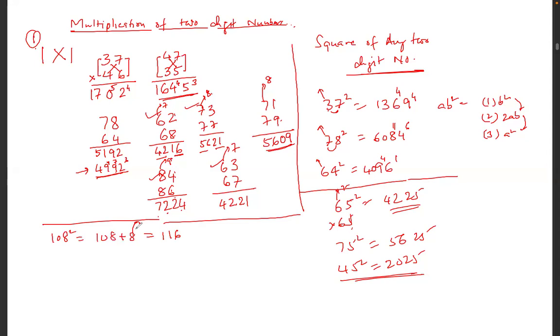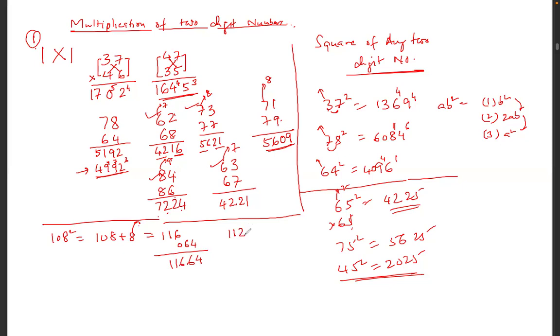Now, 8 square, the square of the excess portion. So 8 square is 64. Since this is coming in 2 digits, start writing it like this and add up. So 11664. Okay, this is how you get it.